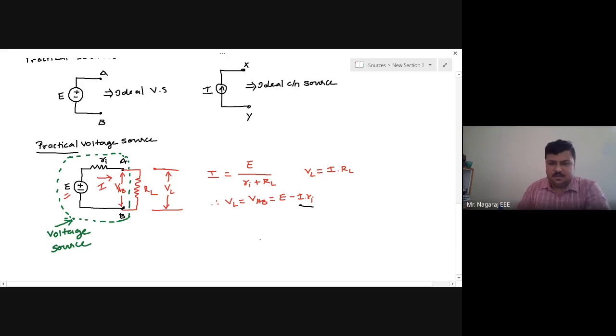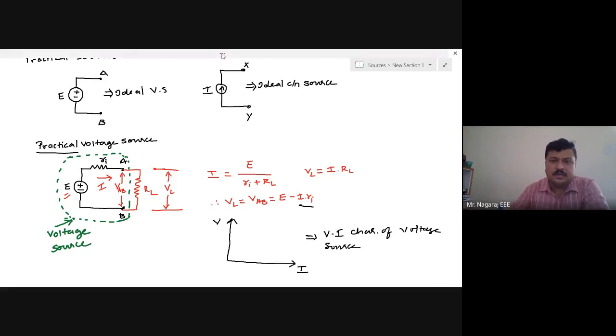Now, if I want to plot the VI characteristic of the source, let this be V, this is I. So this is the VI characteristics of the voltage source.